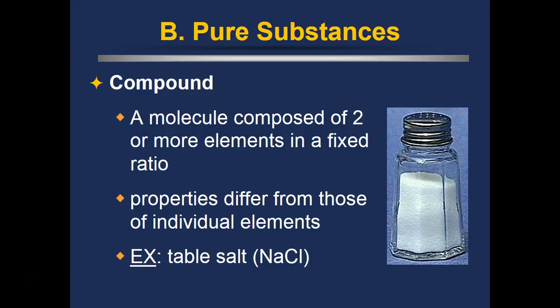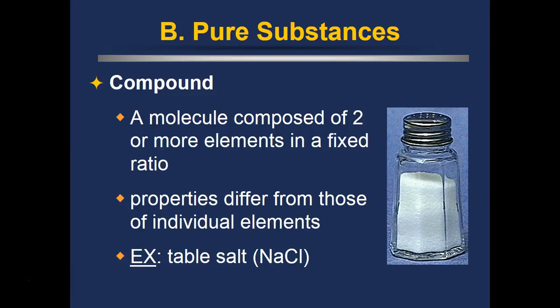As we continue to look at pure substances, we can also talk about compounds. A compound is a molecule that's composed of two or more elements in a fixed ratio, such as what we see here, salt. The properties of each individual element are different from the properties of the compound that we typically see.